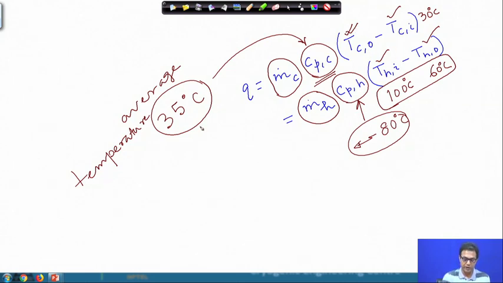So, if we make an average temperature assumption for the cold fluid, then we will estimate its specific heat, and then we will find out the exit temperature of the cold fluid, and then we will check whether it is a good assumption or not. So, at 35 degree centigrade average temperature of the cold fluid, let us go back.